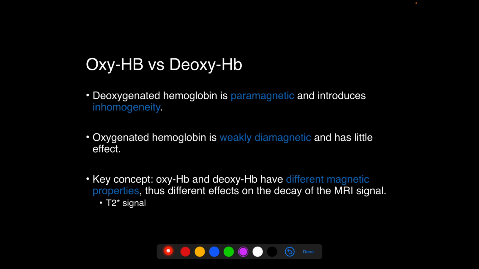So just to clarify the magnetic difference between oxygenated hemoglobin and deoxygenated hemoglobin.